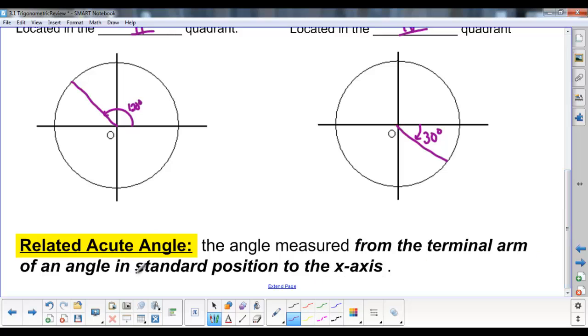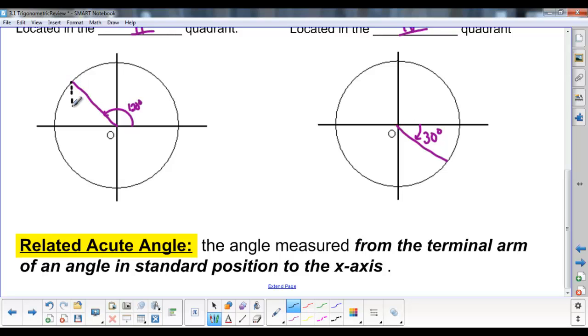And one other thing that we talk about a lot is the related acute angle. So the angle measured from the terminal arm of an angle in standard position to the x-axis. So, for example, let's take a look again at this angle 120 here. The related acute angle would come from, let's say, me dropping a line right from the terminal arm here.